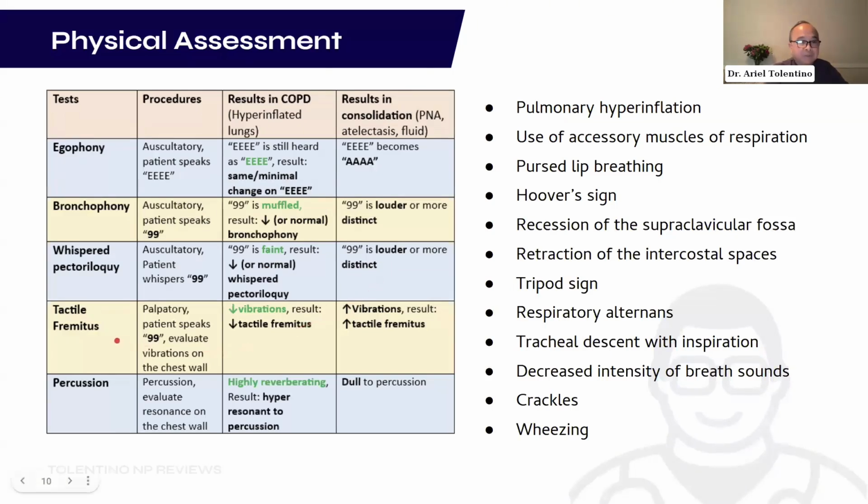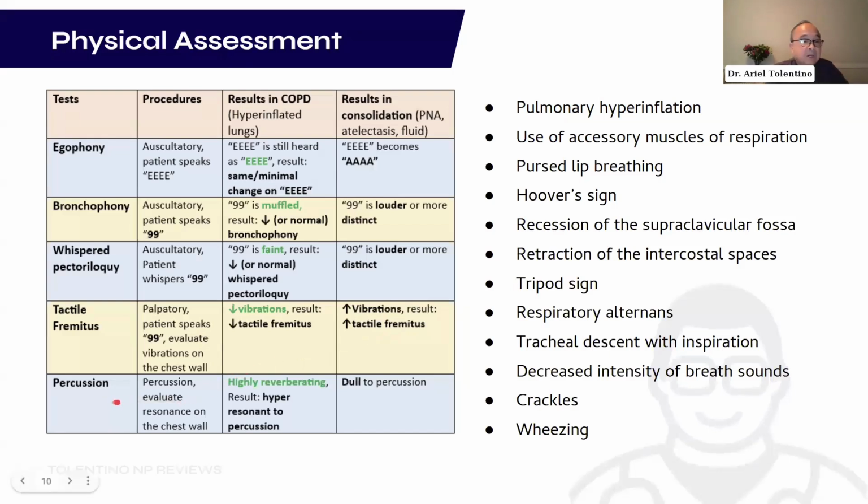Now, for tactile fremitus, this is a palpatory test wherein the patient speaks 99 and the clinician evaluates the vibrations on the chest wall using the bony prominence of the hands. There would be decreased vibration or decreased tactile fremitus on a hyperinflated lung, and the consolidated lung would have high or increased vibrations and increased tactile fremitus.